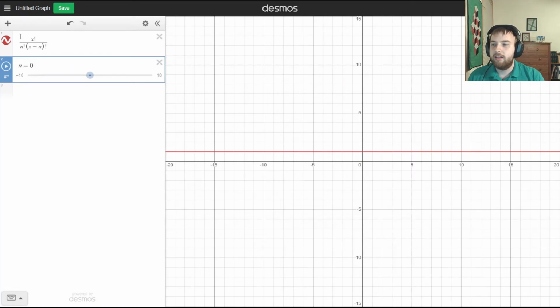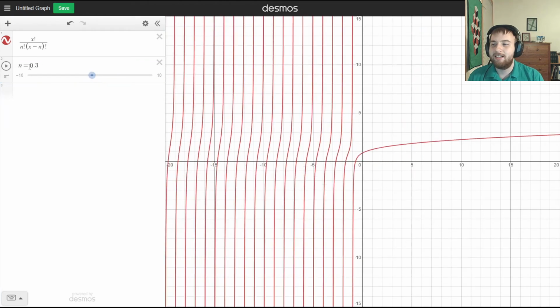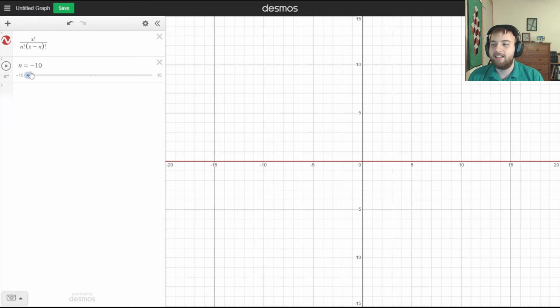In this scenario, our x-axis is our p, and our n is defined by here. In terms of permutations and combinations, we're taking x choose our constant n. You can get some really funky looking things if you drag this along here.